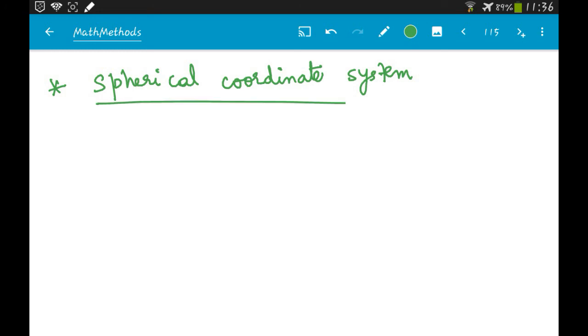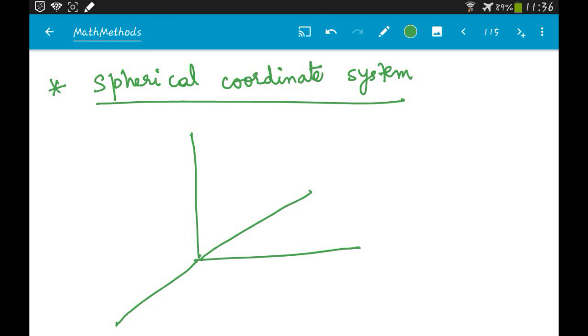So in the spherical coordinate system, essentially if you have some vector and you want to create its spherical system, what you have to do is first look at this, where it touches the sphere, and this is your vector.